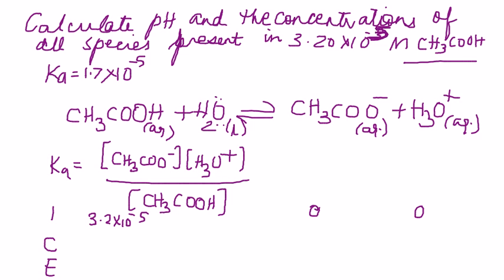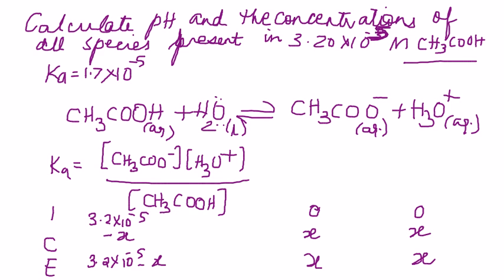Since it's a 1-to-1 mole ratio, if X moles of acetic acid underwent dissociation, X moles of acetate and X of the hydronium will get generated. And so at equilibrium, what will remain is 3.2 times 10 to the negative fifth minus X of acetic acid, X of acetate, and X of the hydronium.